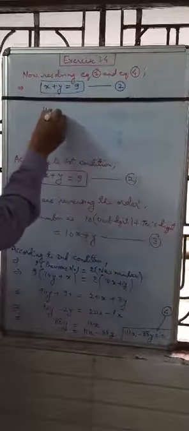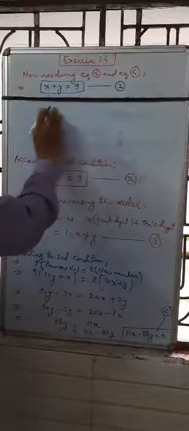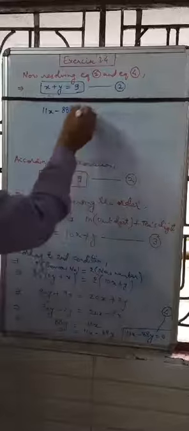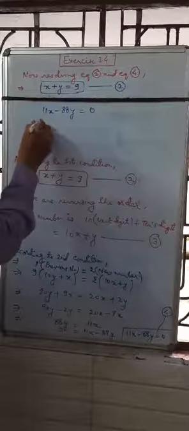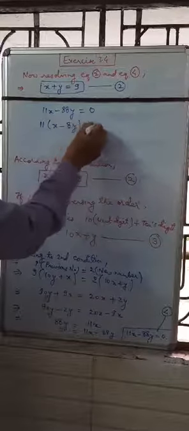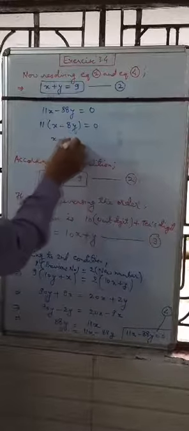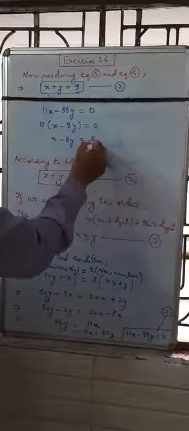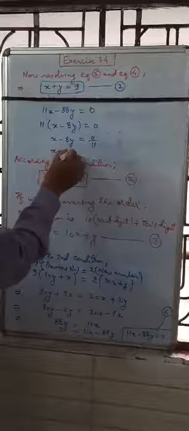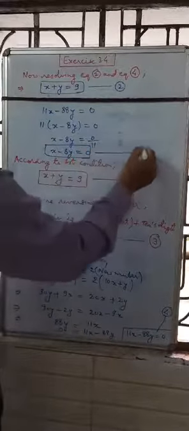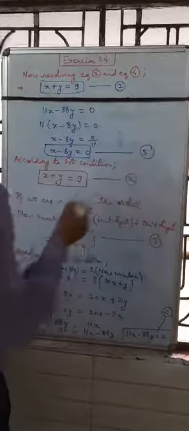Or equation number 4 is 11x minus 88y is equal to 0. So we can take 11 common here, so x minus 8y is equal to 0, by transferring 11 to the denominator of the right hand side. So it will become x minus 8y is equal to 0. This becomes equation number 5.